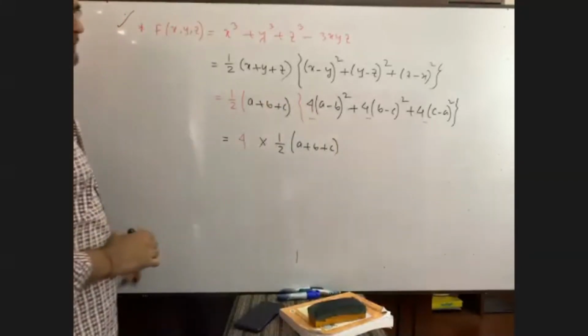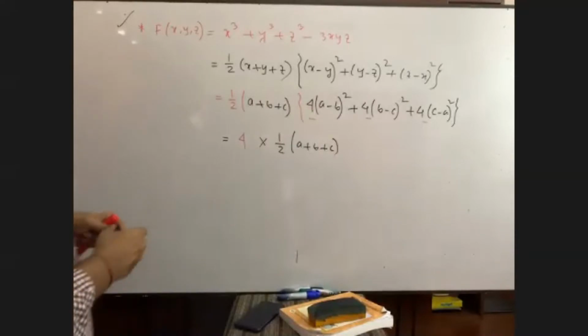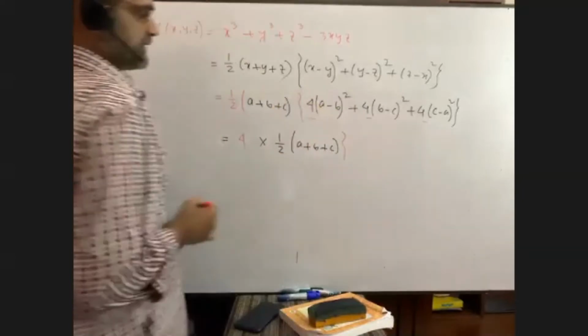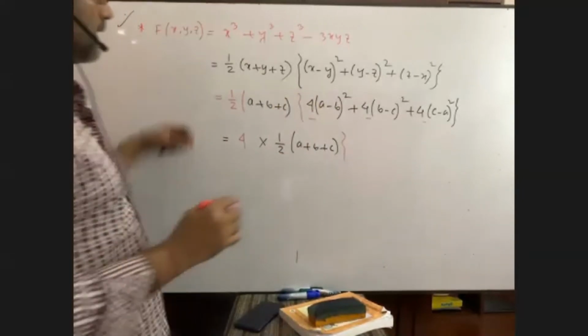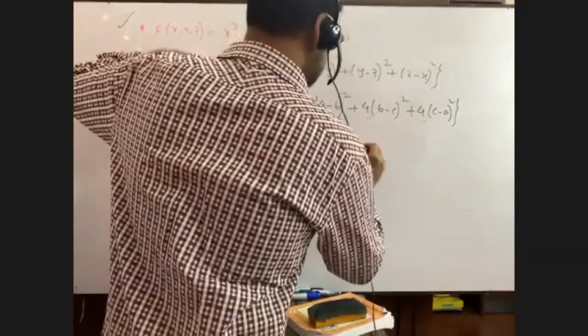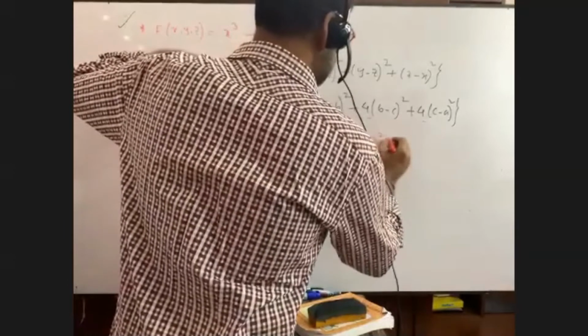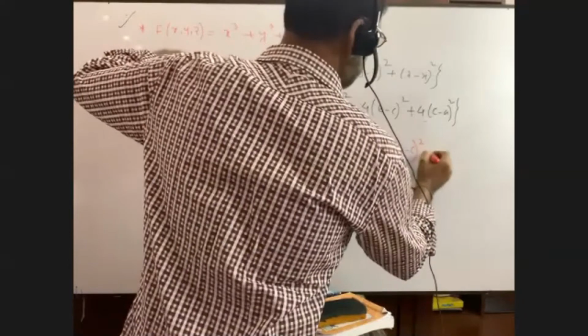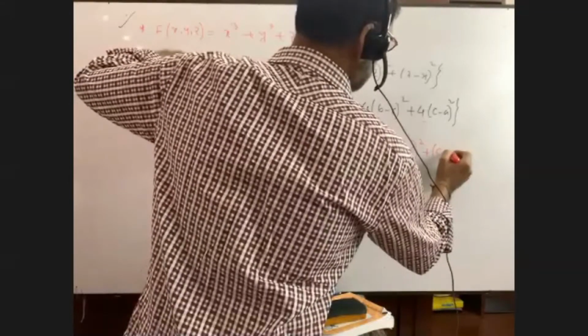Right? And here in the second bracket, 4 has been taken common. So we are left with a minus b whole square, plus b minus c whole square, plus c minus a whole square.